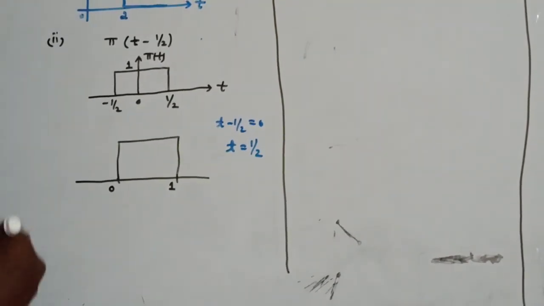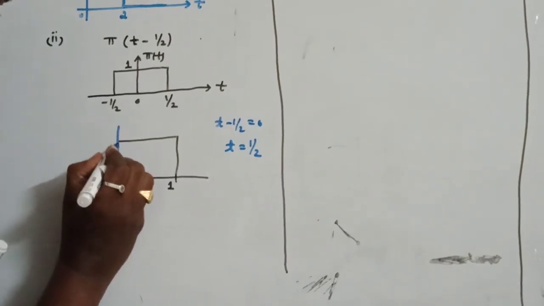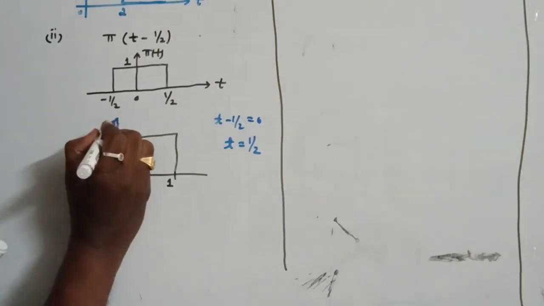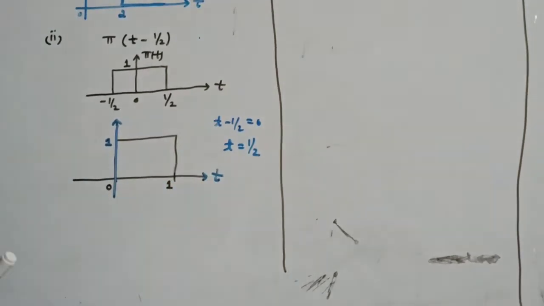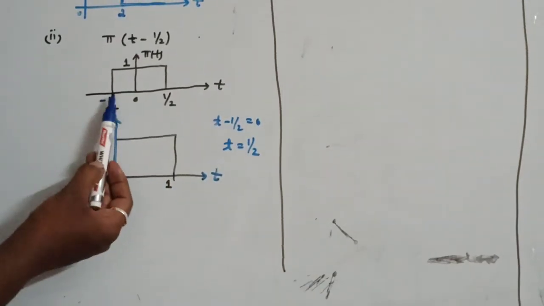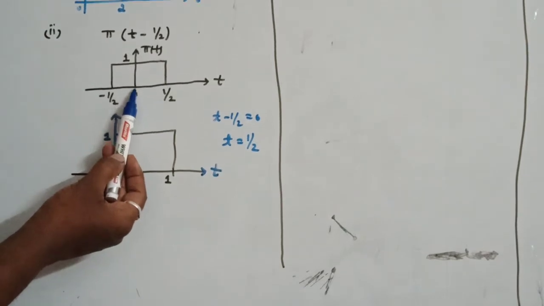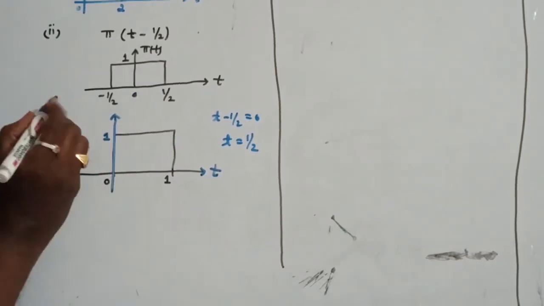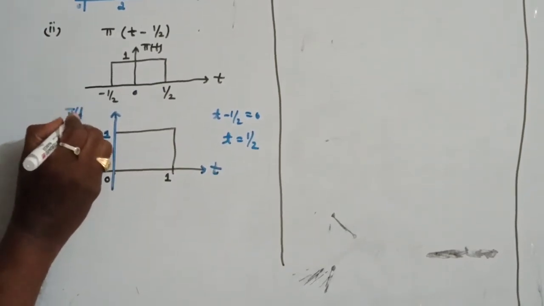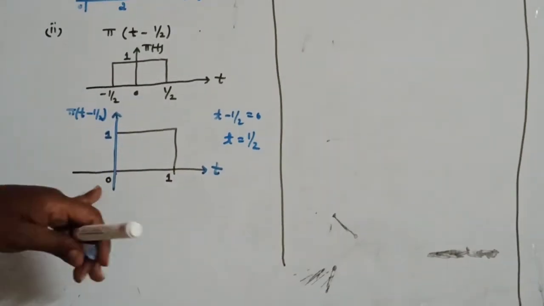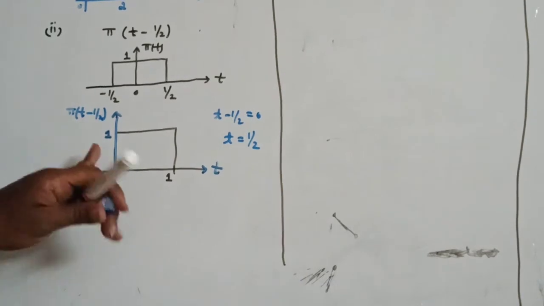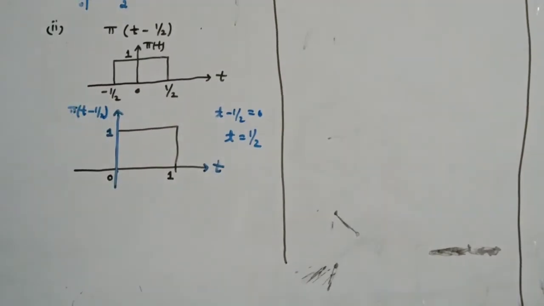Make the y-axis here, with amplitude 1, and this is t. You can see clearly that this waveform has moved towards the right side by half a unit. This is the answer for pi of t minus 1 by 2, shifted to the right by 1 by 2 units.